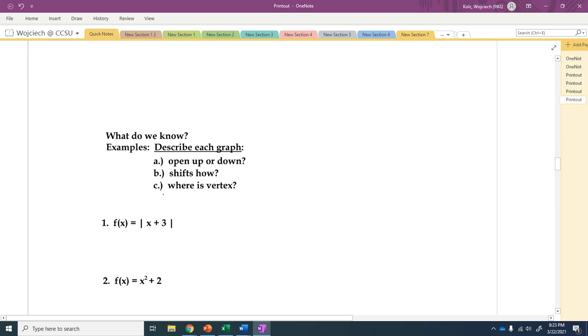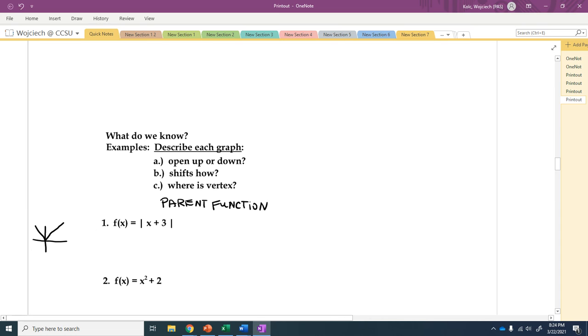Okay, so I would also ask you to write the parent function. Now, parent function means whether it's linear, quadratic, or absolute value. So question number 1, the parent function is a V shape that goes through 0, 0.